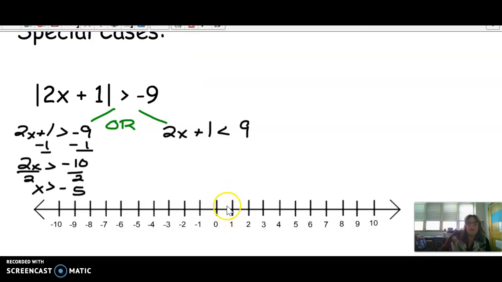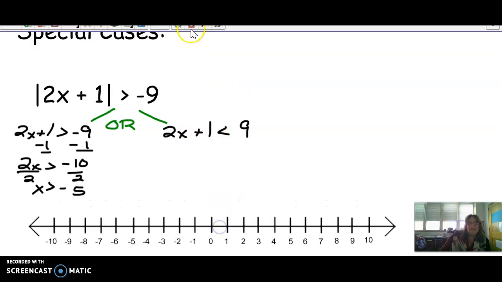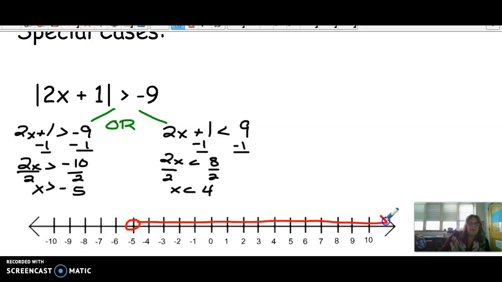On the other one, we're going to subtract 1 from both sides again. And we get 2x is less than 8. Divide by 2. We get x is less than 4. No lines underneath our inequality signs. So I have an open circle on negative 5, and it's going to point to the right.